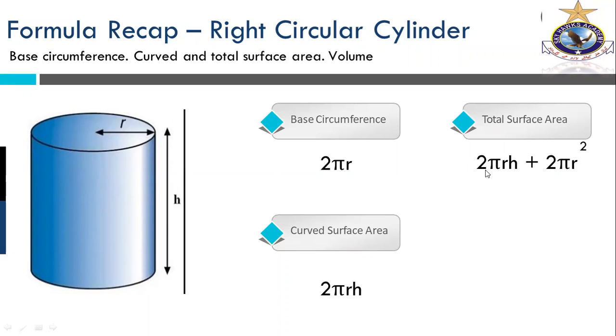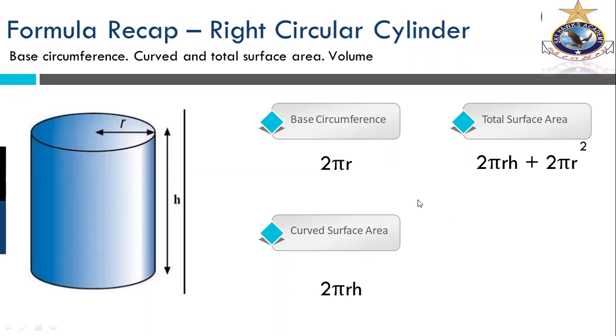So the curved surface area 2 pi r h plus the area of the two circular regions, the top and the bottom, will be the total surface area.